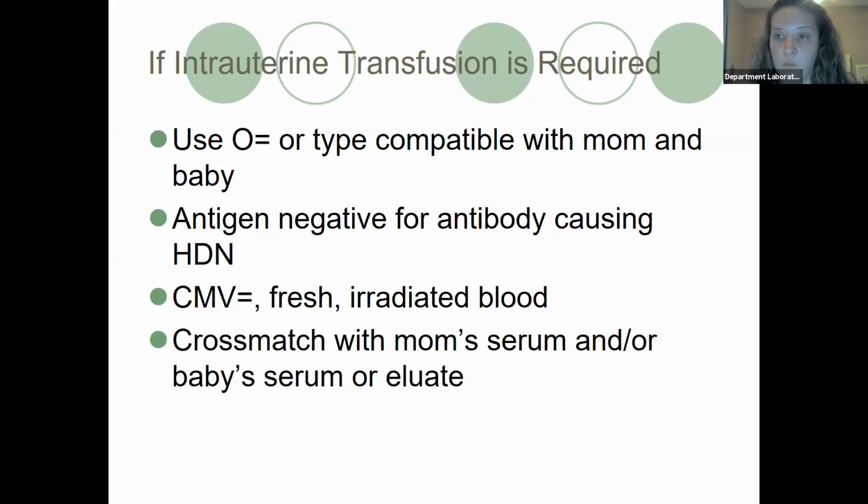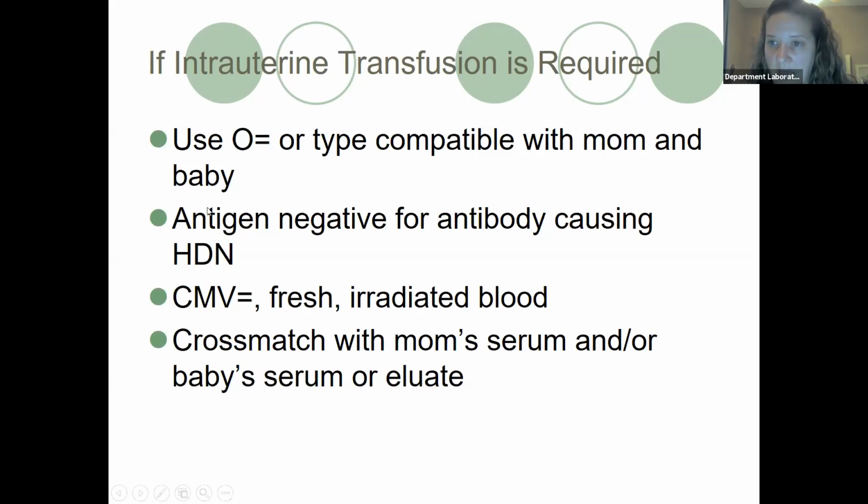However, it is a good rule of thumb, especially if you're doing an intrauterine transfusion, to always give O negative. That's just a standard rule. You can give type compatible with mom and baby, but most places will just give straight O negative. That's the safest for the baby.